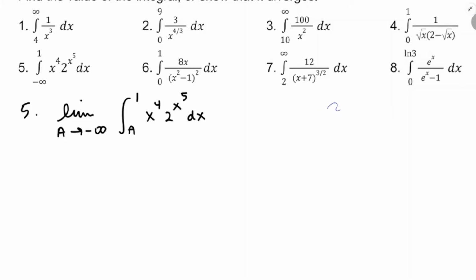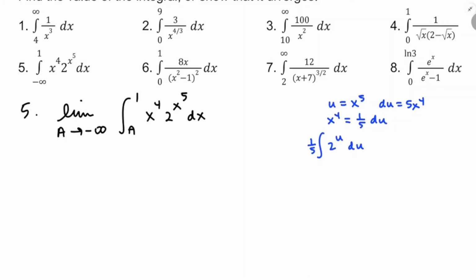So u equals x to the 5, du is 5x to the 4. 1x to the 4 is equal to 1/5 of du. Okay, now meaning I'm anti-differentiating 1/5 of 2 to the u du.